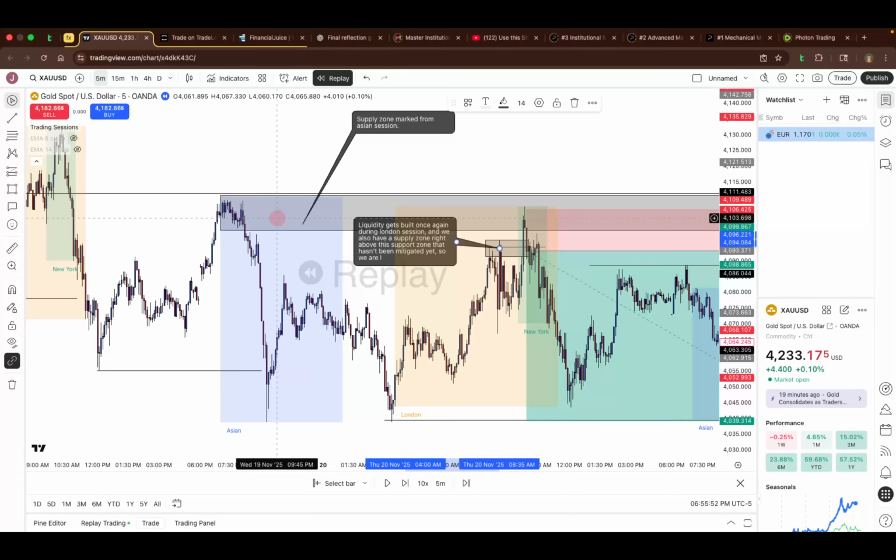So we are looking to take out this liquidity, or looking to grab this liquidity, then slam down essentially. That's what we're looking for.